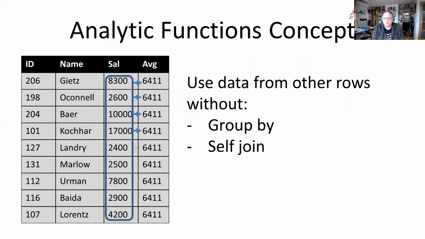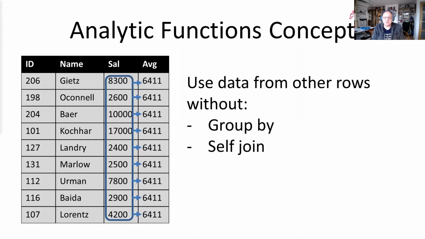Okay, well, which rows will be taken into account? How does an analytic function operate? Well, it uses the data from the other rows without a group by or without a self join, as Liron already explained. And as you can see here, the average for each row is calculated based on the entire result set.